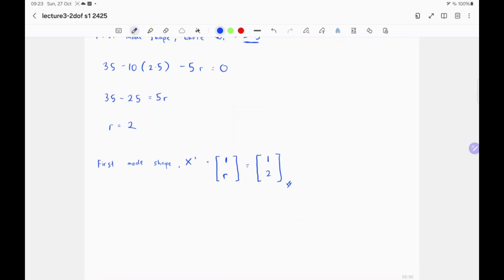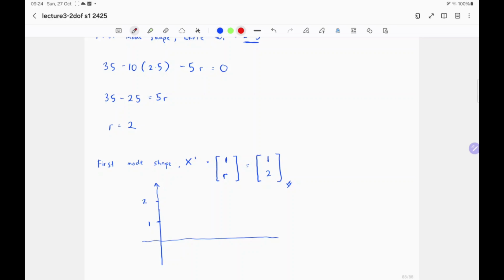If I draw the mode shape diagram, this is the amplitude, so 1 and 2.